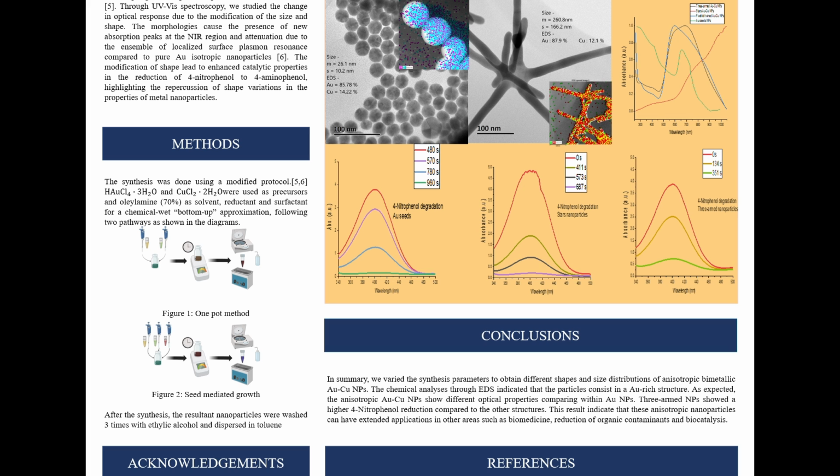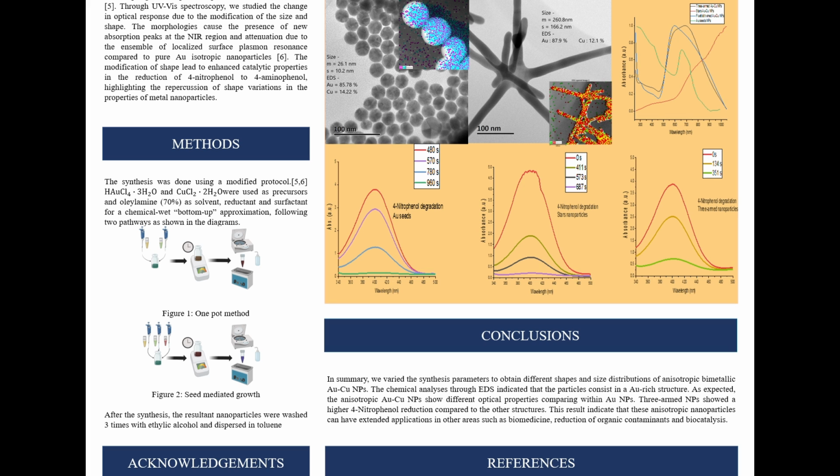The architect of this synthesis, we could say, is the oleylamine, thanks to its long chain, double carbon ligand, and an amino group in a mixture of our two metal precursors.